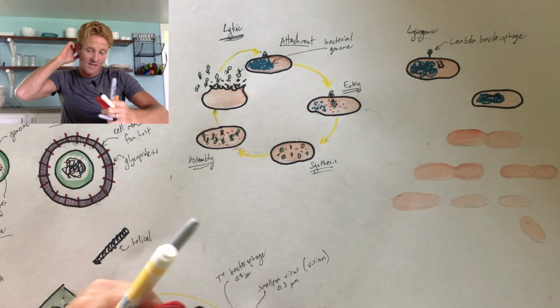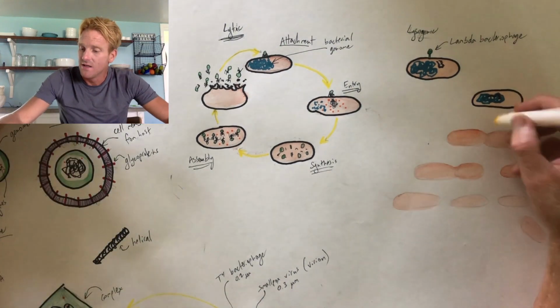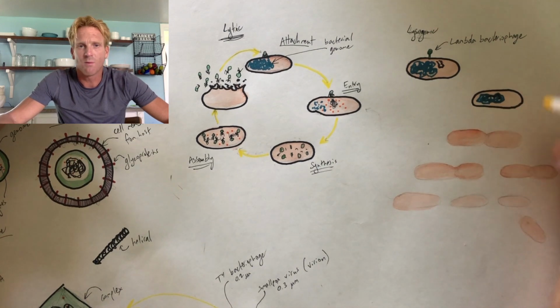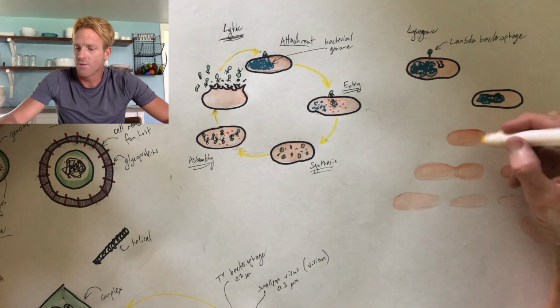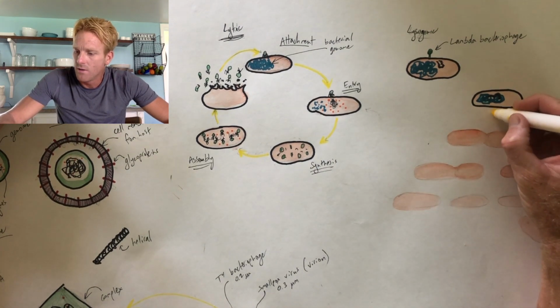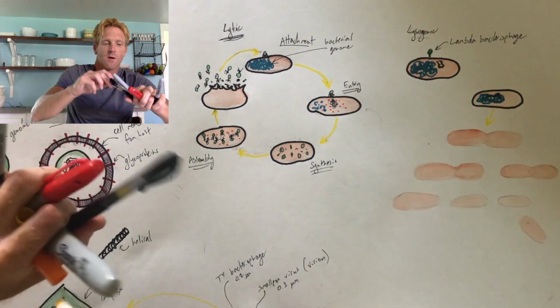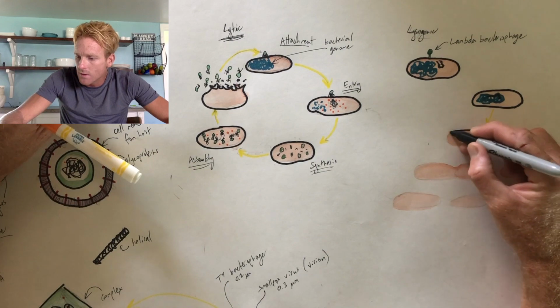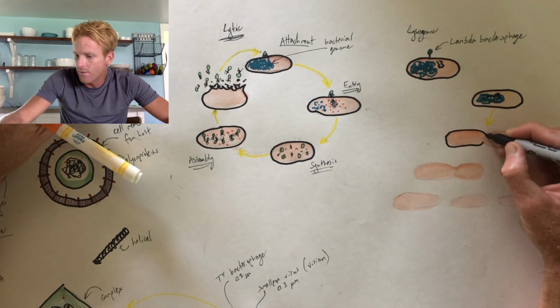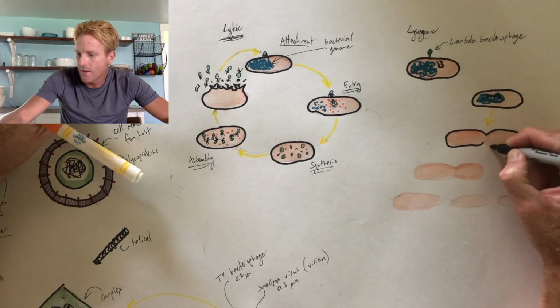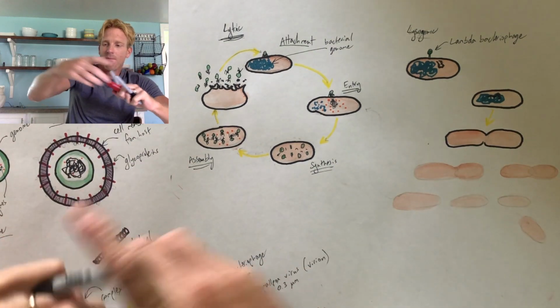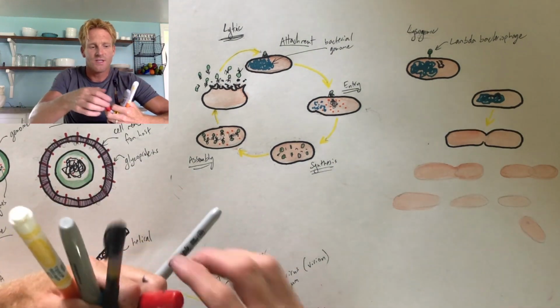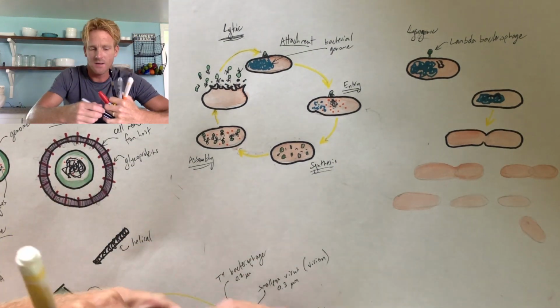Now this is crazy. As this E. coli reproduces, it'll reproduce through fission, where one E. coli bacterium splits to form two daughter cells, or two E. coli bacteria. And as that happens, the viral component of the genome is replicated as well.